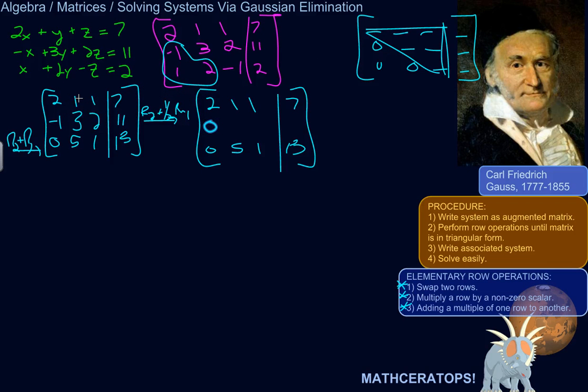Half of 1 is 1/2 plus 3 is 3.5. Half of 1 plus 2 is 2.5.